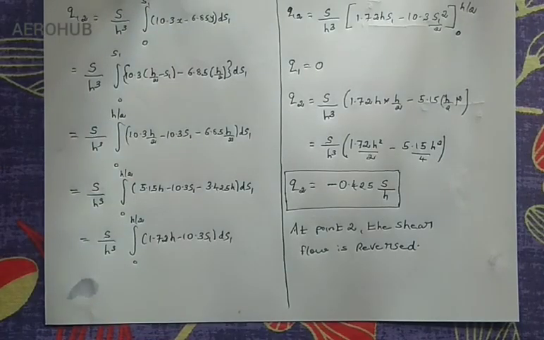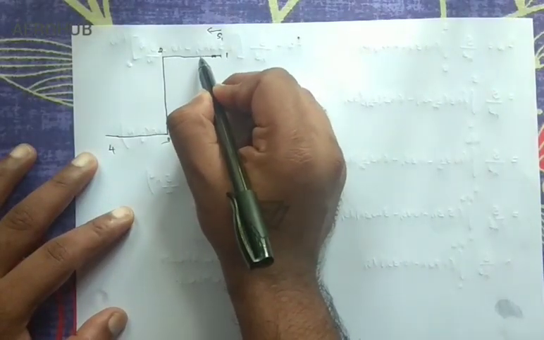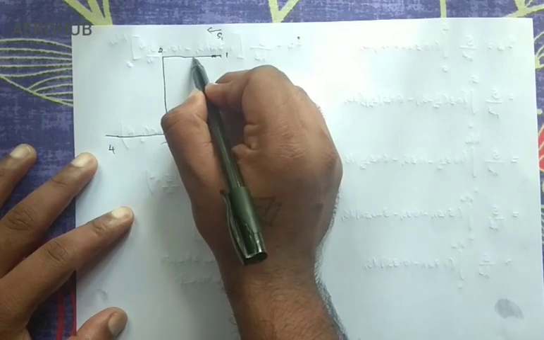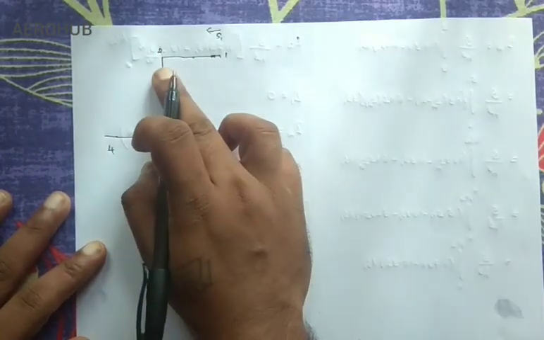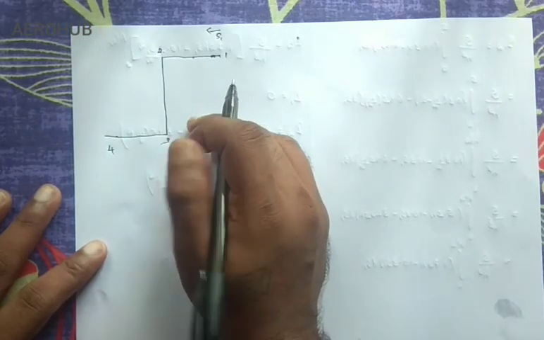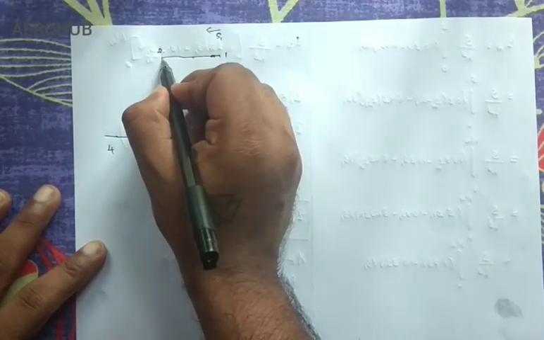Okay, now that means at point 1 we have shear flow 0 and it is gradually increasing and decreasing, and between point 1 and point 2 there will be a point where the shear flow will again become 0. Okay, because at point 2 we have a negative shear flow, that is from left to right.